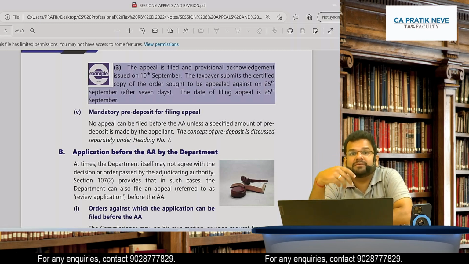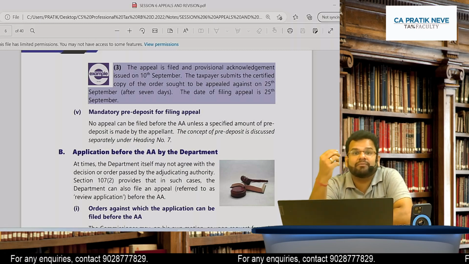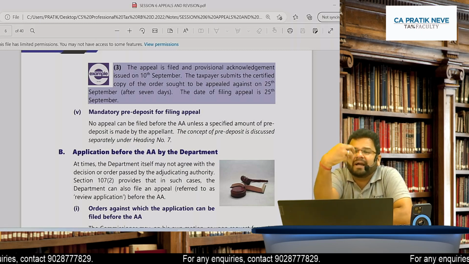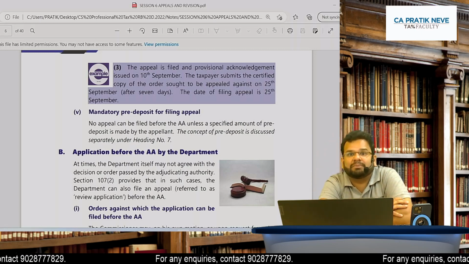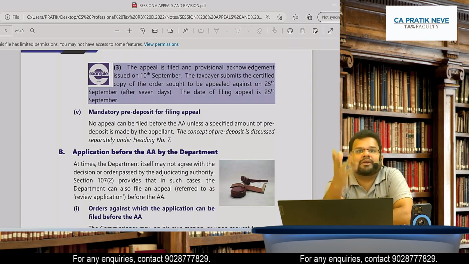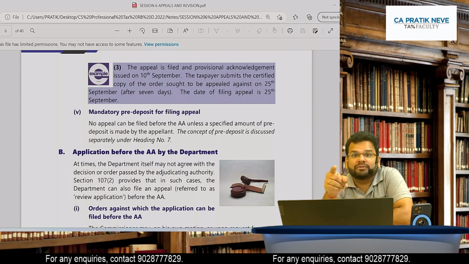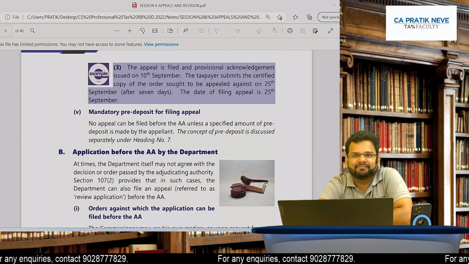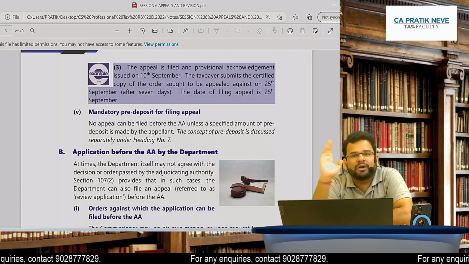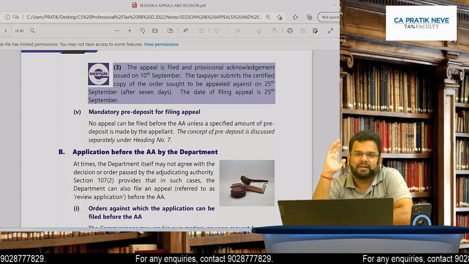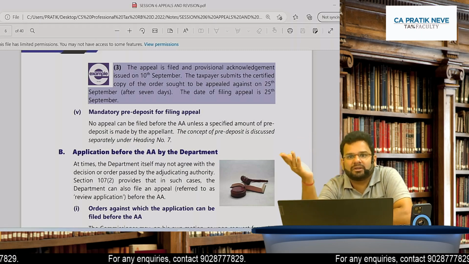Whatever tax you have accepted, in my example 1,80,000 is demanded. Out of 1,80,000 I am okay with 1,20,000. Then mind you, friends, that full 1,20,000 has to be deposited by me, plus interest plus penalty on that.